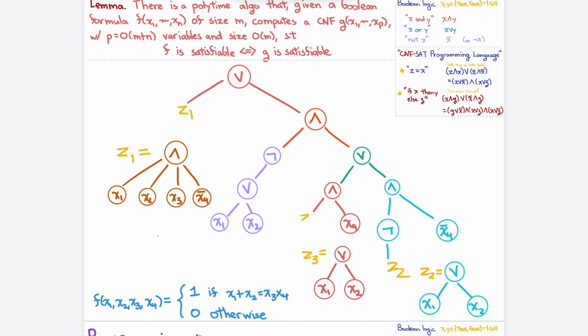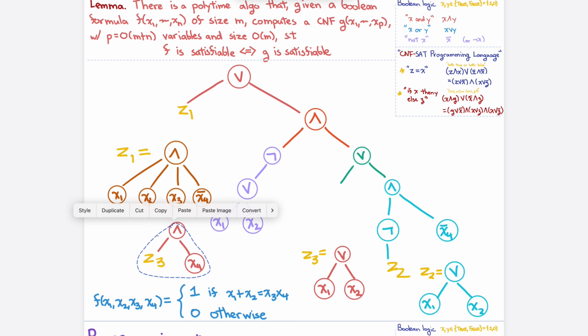I'll write down whatever formula does the assignment for me, using our SAT programming language, right? We know how to do that in conjunctive normal form. I can pull out this tree, and I'll call this z4, something like this. I can imagine going one by one, pulling out little trees, little trees, little trees. Each of these represents some small CNF, right? We can always use De Morgan's law, but they're small, so it won't blow up that much. They're not that deep, right? Because I'm pulling out one layer at a time, yeah?